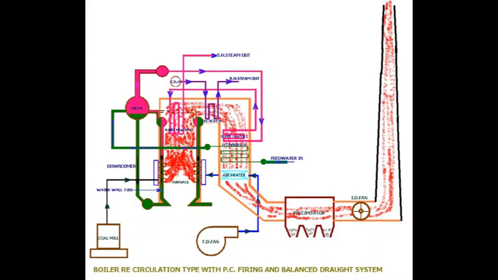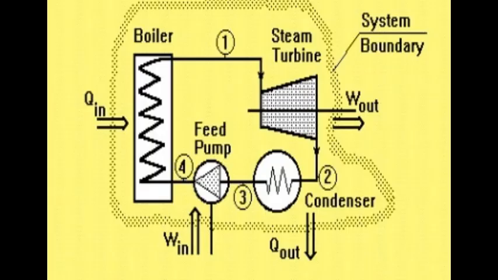So in a nutshell, we find in the power plant basic cycle, we supply water in the boiler as working fluid, and that is getting converted into steam inside the boiler, and that steam is supplied to the steam turbine connected to a generator, alternator, and this is where the heat is utilized.